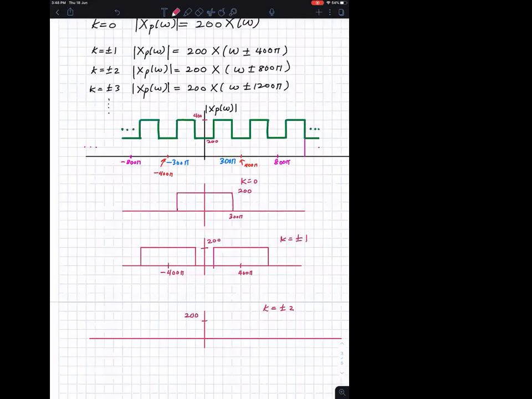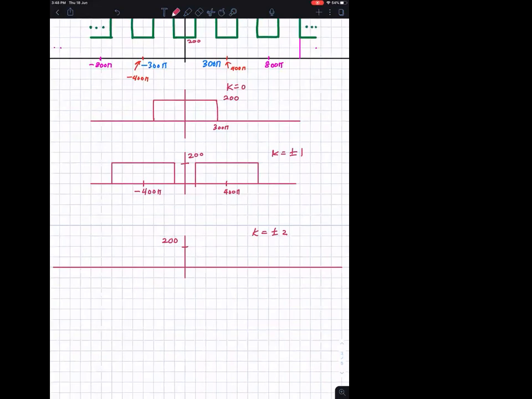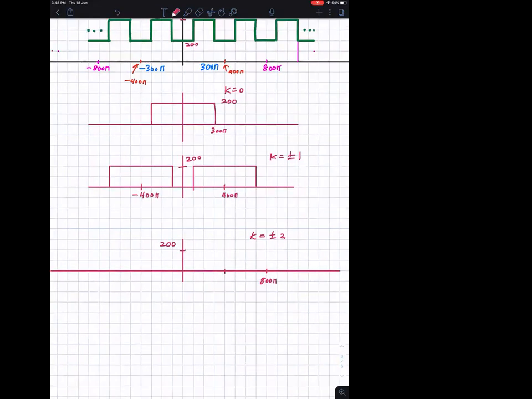Okay, so 800 is somewhere here. Each division is 100 pi. So similarly on this side, minus 800 pi.